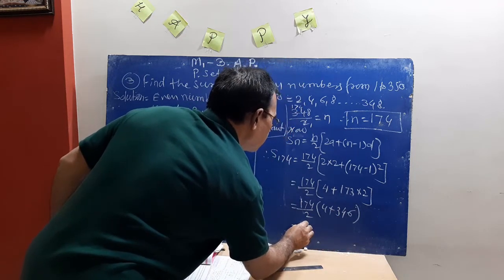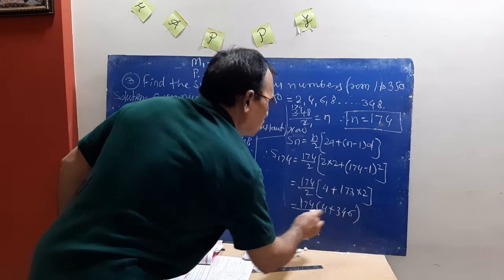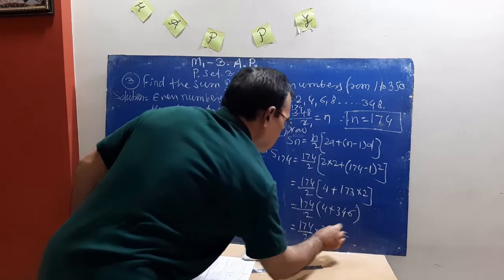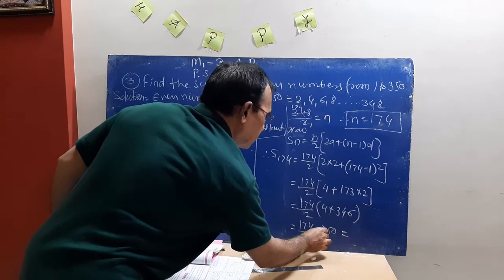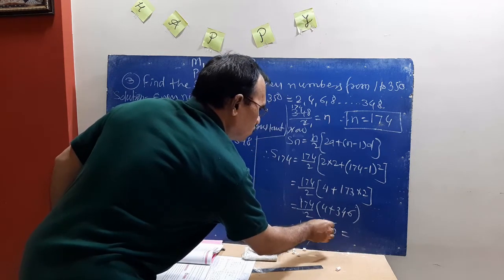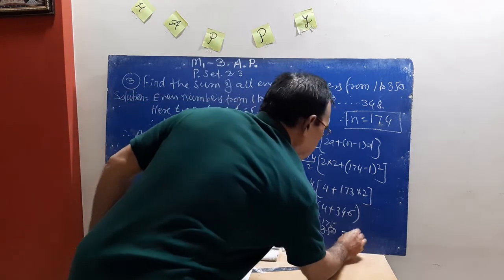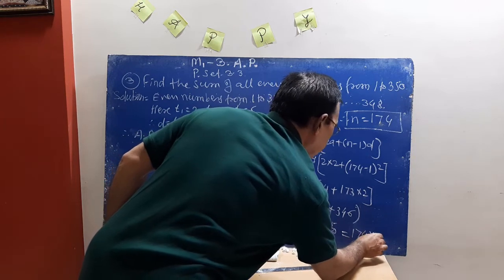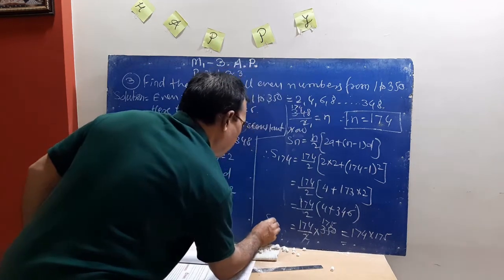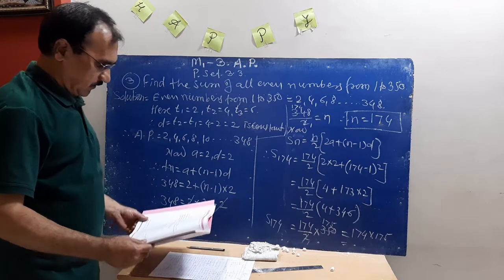So it is 174 divided by 2 into 346 plus 4, that is 350, which is equal to 174 into 350 divided by 2, that is 175. 174 into 175 is equal to 30450, which is the required answer.